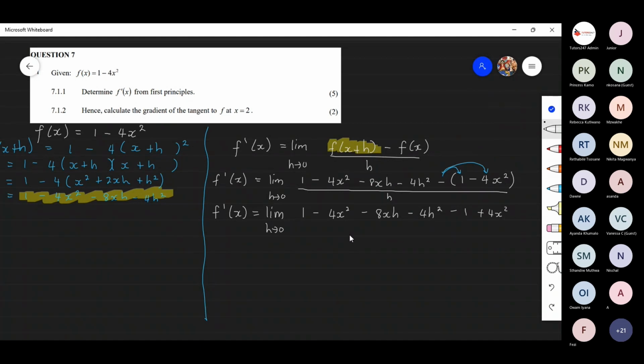Be careful with the signs. Negative times positive 1 is negative 1. Negative times negative 4x squared is positive 4x squared. And that is all over h. So let us proceed to our next step.